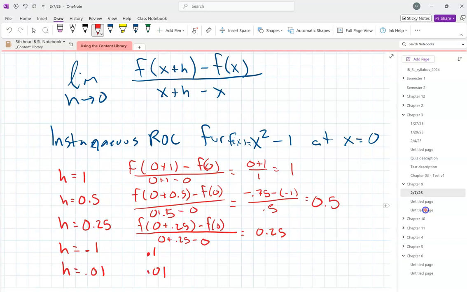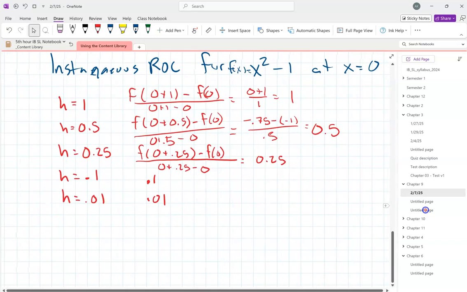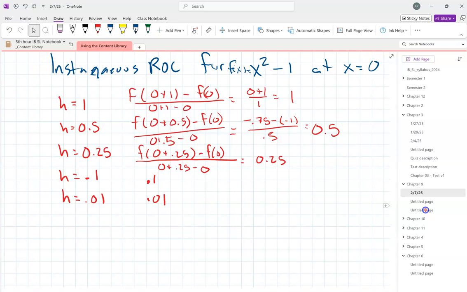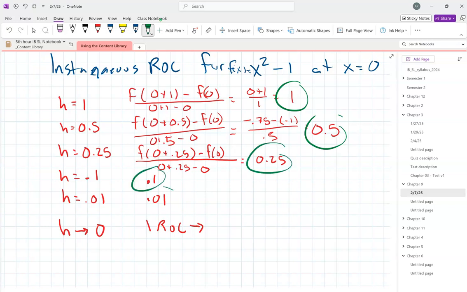Does it feel like that's going to be settling down to a specific value? What do you think is going to be happening as h approaches 0? What do you think that instantaneous rate of change is going to turn into? Where does it look like these numbers are heading towards? Looks like they're heading towards 0.